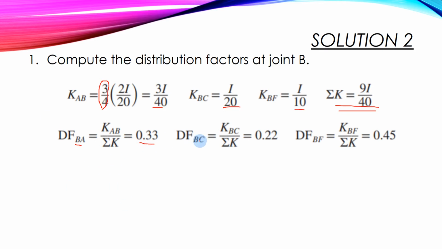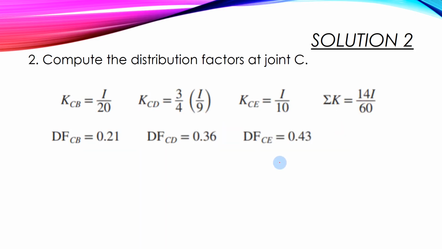Next, DFBC is KBC over summation of K, 0.22, and DFBF is equal to 0.45. All of these should add up to 1. So that is for joint B.